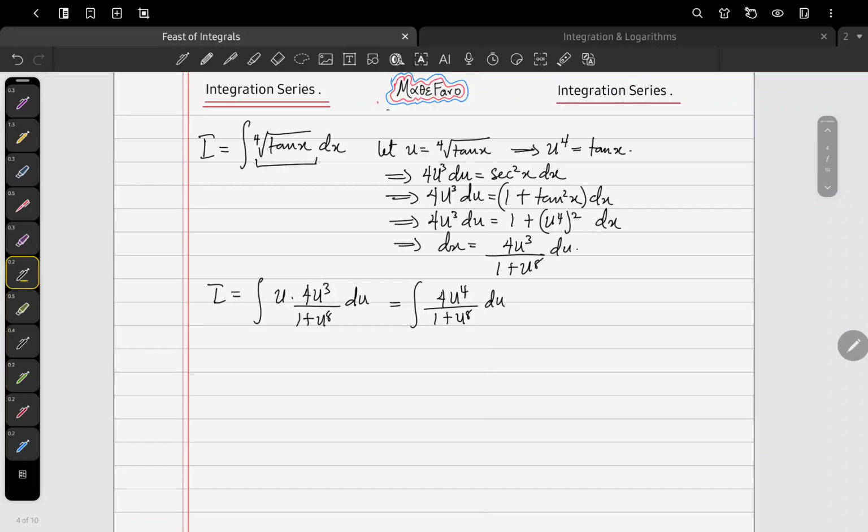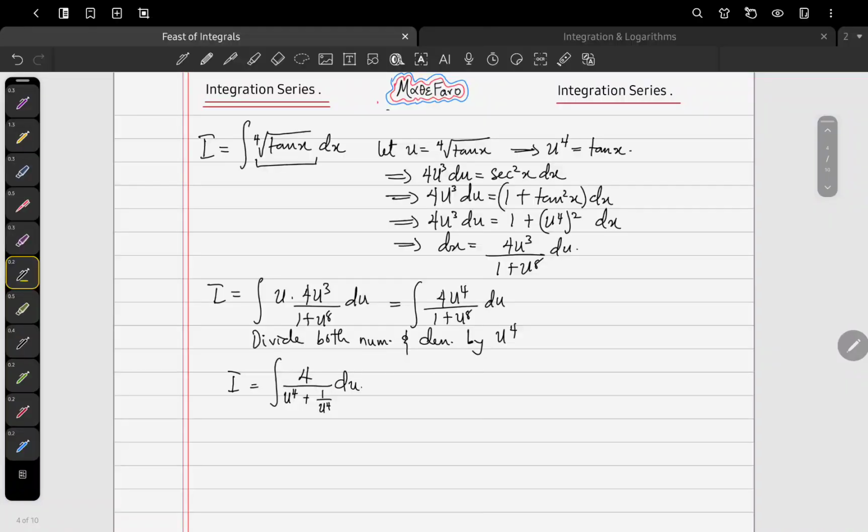So the first thing I'm going to do is to divide both numerator and denominator by u to the power of 4. That means I becomes the integral of 4 over u to the power of 4 plus 1 over u to the power of 4 du.